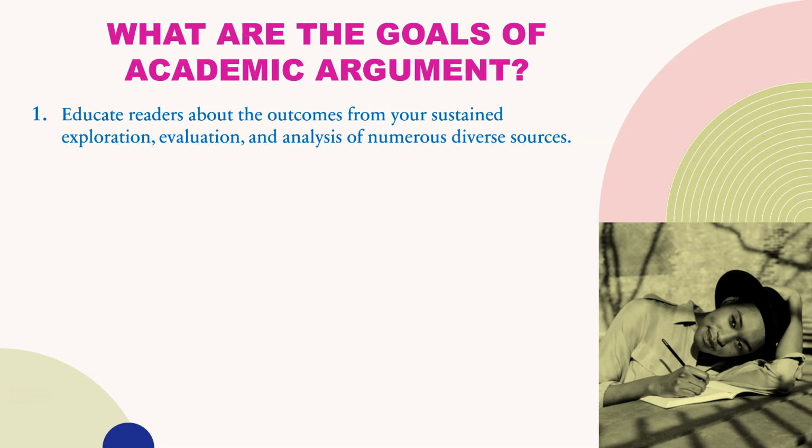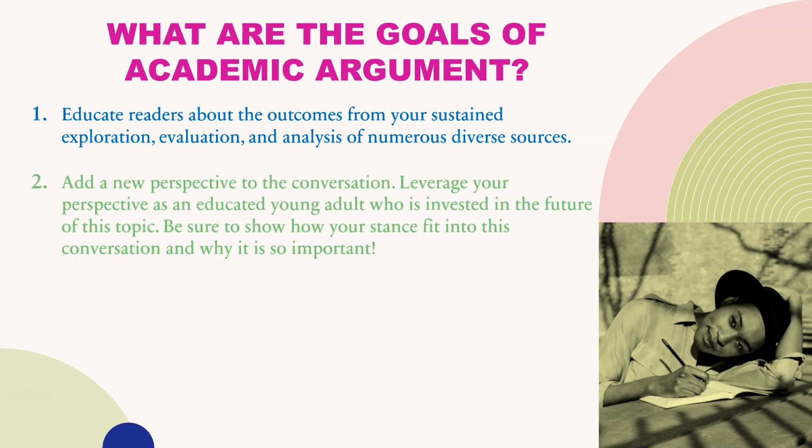So you have learned a lot, and you want to bring that forward to really educate and inform your reader about what's going on here, what people are saying, what people are talking about. Why are these things problematic, and what can we do to change those things?